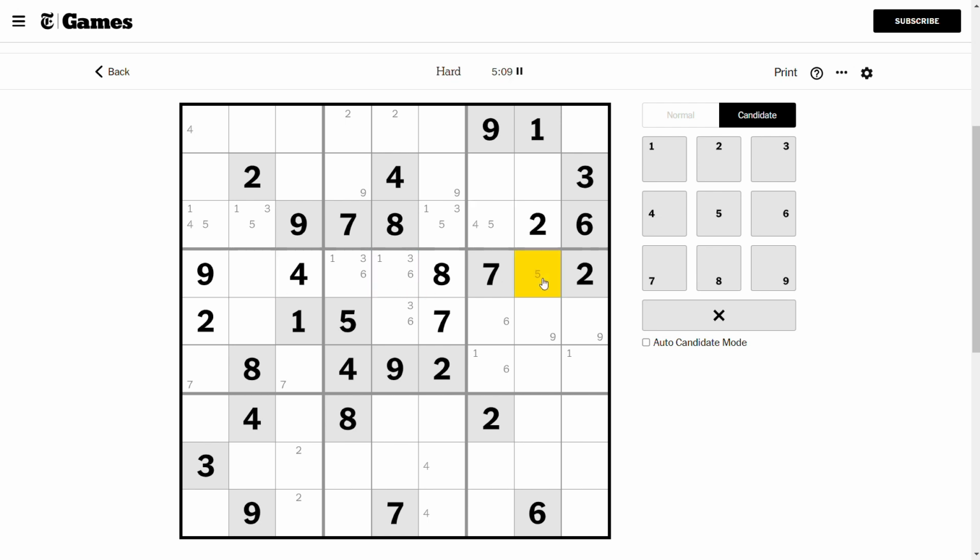In row 4, 1, 3, 5, and 6 are the digits that go into the open cells. This cell sees 1 and 6, so this cell can only contain either 3 or 5. This cell sees 1 only, so it's 3, 5, or 6.